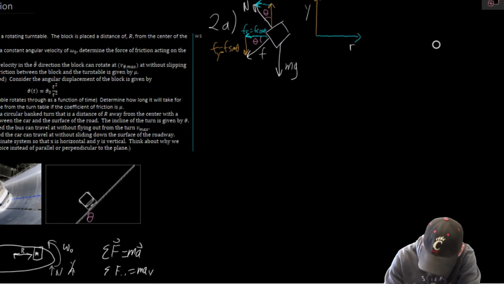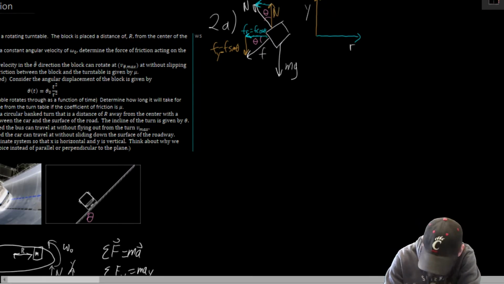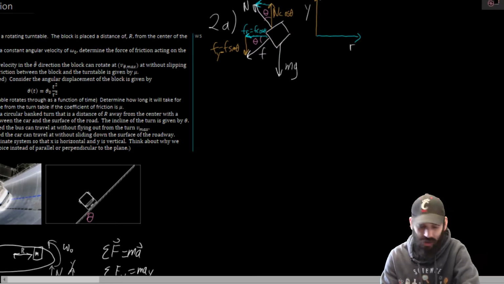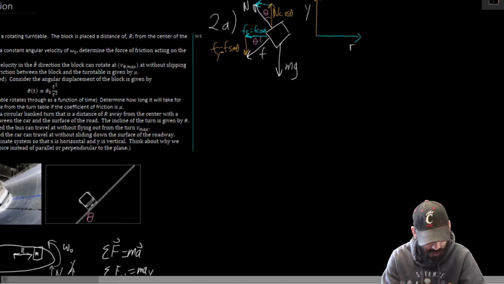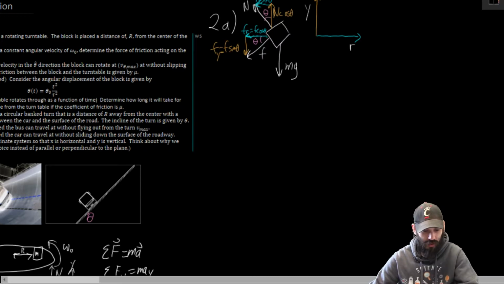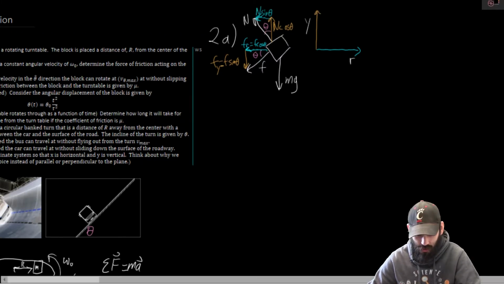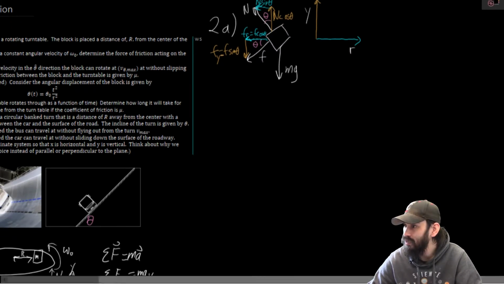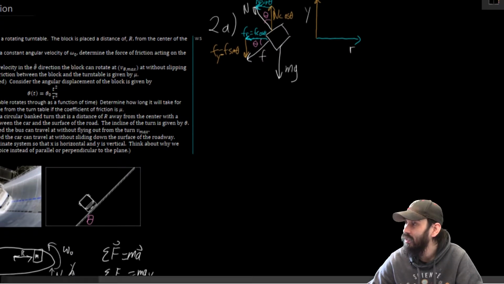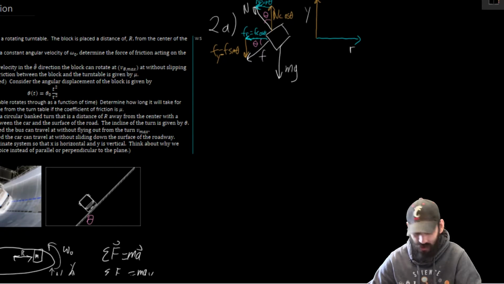You want to be sure that you check it yourself. So this is going to be n cosine of theta, because cosine has to do with what's adjacent to the angle, and this y component right here is adjacent to the angle. And then this is going to be n sine of theta. Okay, so we've got everything broken into components. Sorry, there's your n sine of theta. It's coming off the top of the screen with the way that I have this cut right now, but you can see that's your n sine of theta.